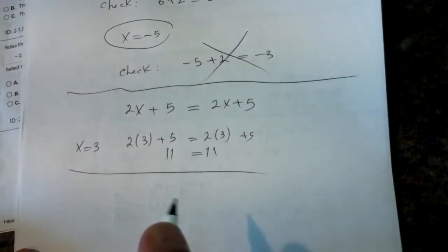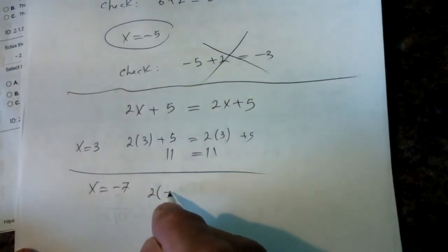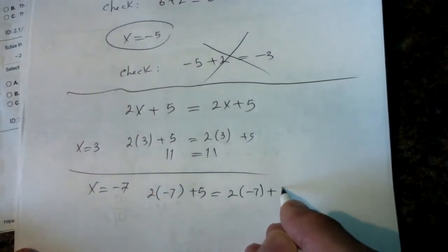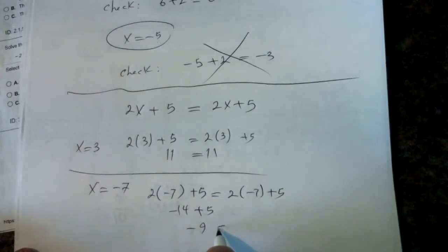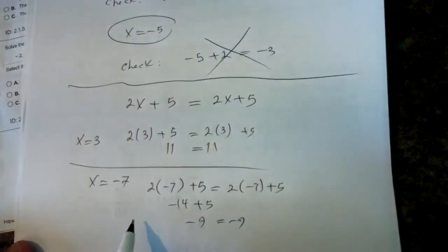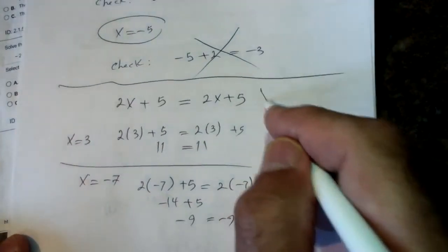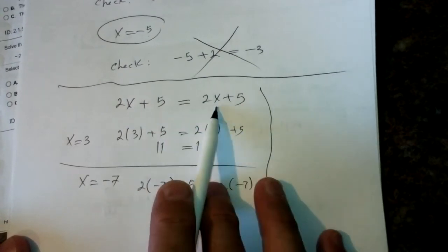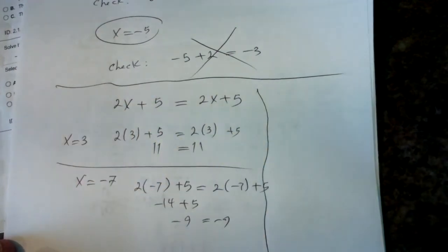Is this an odd number? No, try x equals minus 7. That also works. Any number works here. Why? Because both sides are equal. But when we give you these problems, you don't see it like this in the beginning, because like here, you see both sides are the same. So it doesn't matter what the x is, both sides are always equal.